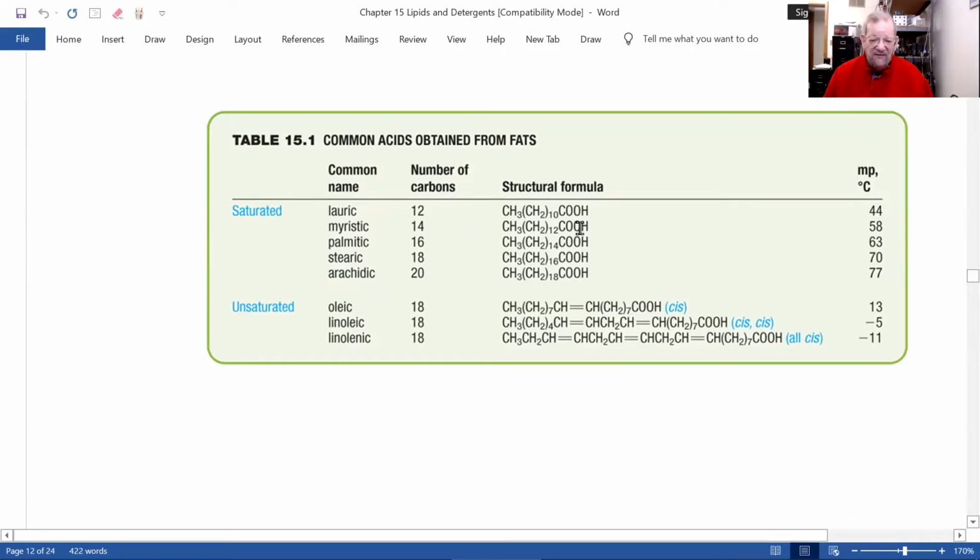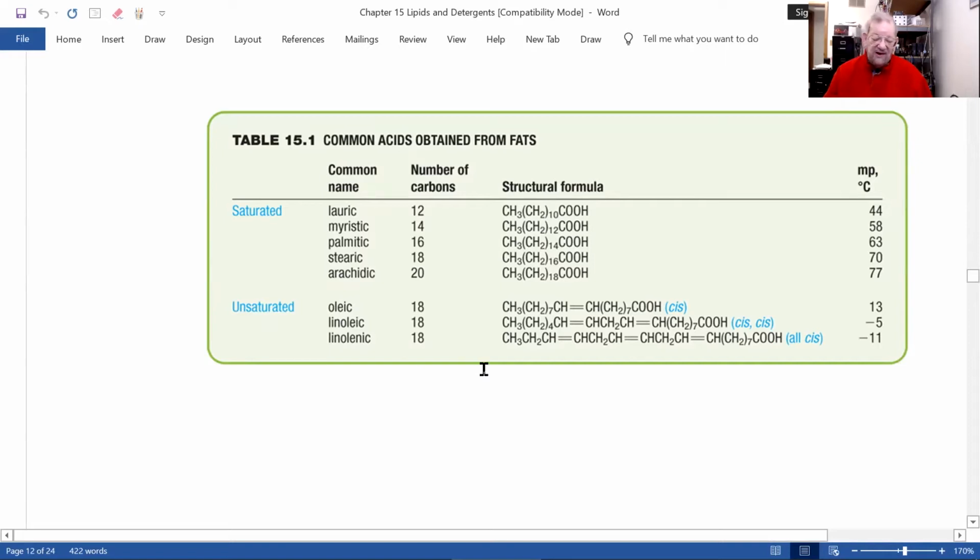And this is another way of writing a carboxylic acid, which Dr. White doesn't like to do, so I don't. Now, you can have unsaturated fatty acids, which means the fat is unsaturated, and Mother Nature has only done double bonds. Now, where it says cis here, they're wrong because it can be trans too.